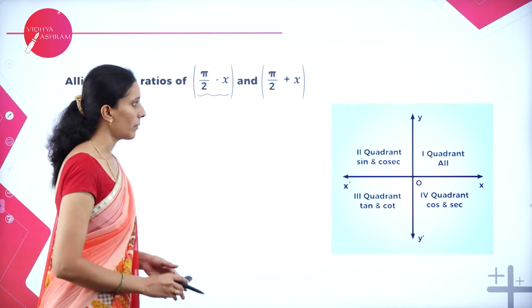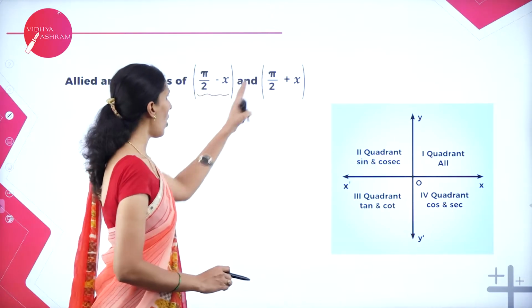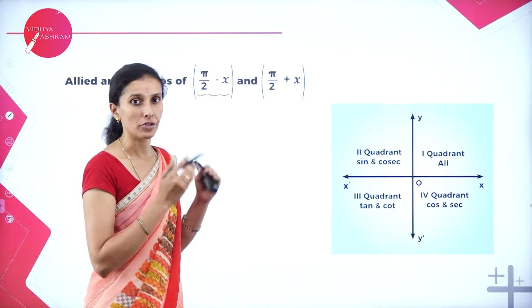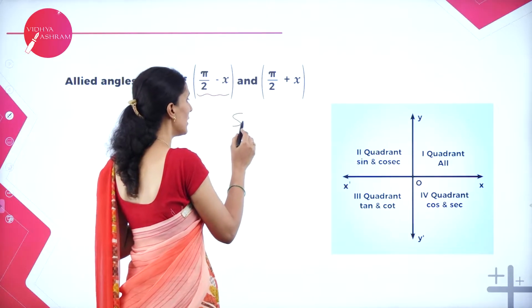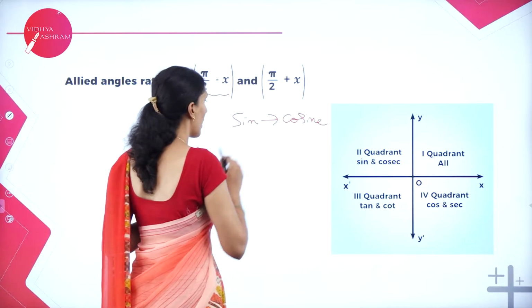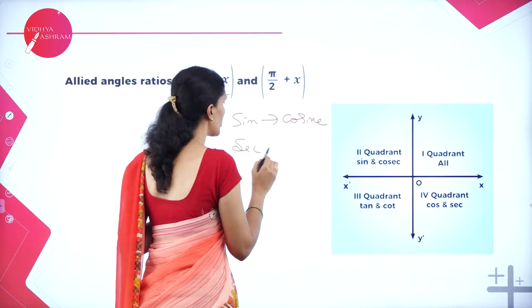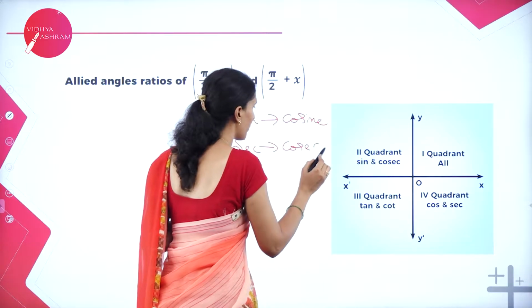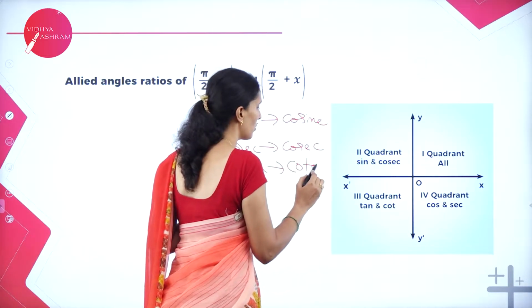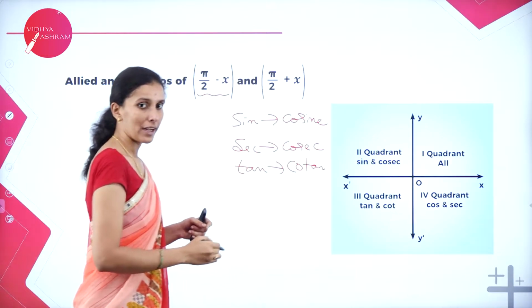So also remember, when you are adding odd multiples of pi by 2, the ratio changes to its co-function. What do you mean by co-function? Sine changes to cosine, secant changes to cosecant, and tan changes to cotangent. So these are called co-functions in short.